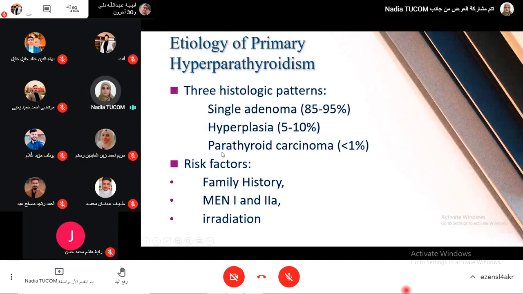Risk factors: there is a certain family history of endocrine tumors, or a group we will take at the end of the endocrine block called multiple endocrine neoplasia type 1 and type 2. In addition to parathyroid adenoma, there may be pituitary adenoma or adrenal adenoma and so on. Radiation can also cause this type of primary hyperparathyroidism.